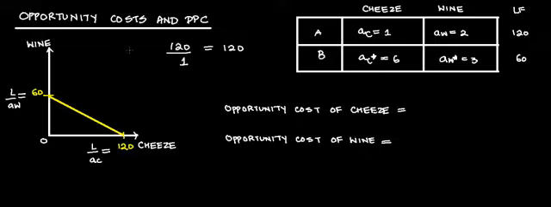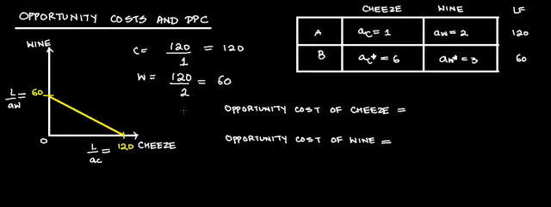Similarly, if country A produces wine only, then it is using its entire labor force and it takes 2 hours or 2 units of labor to produce wine. So it can produce 60 units of wine.